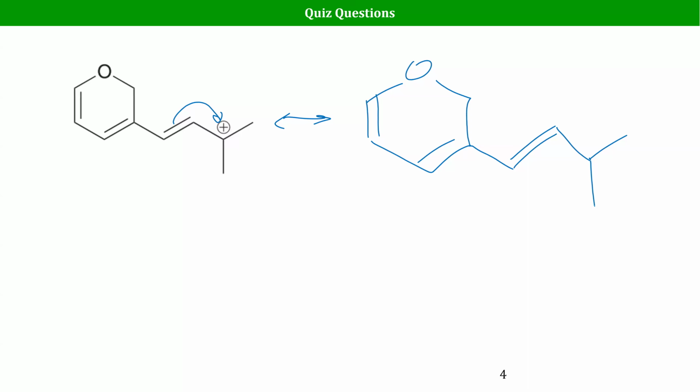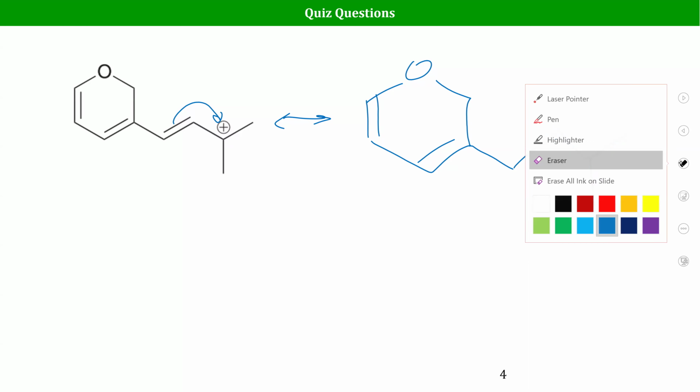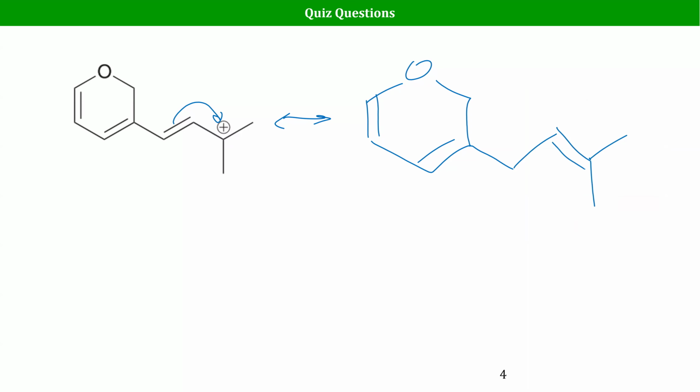No, sorry. Where's my eraser? Pi bond is there, positive charge is there. And then we can do that again. And we can do that, move the electrons towards a positive charge, because a positive charge on a carbon means it doesn't have a complete valence.